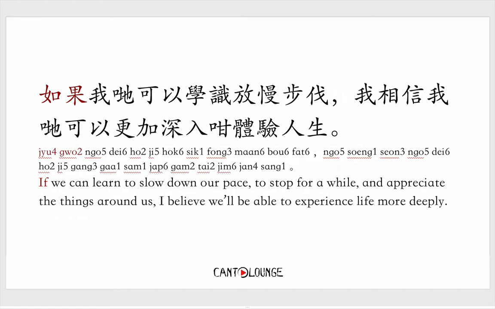So if, again, very simple substitution, 我哋可以 we can 學識放慢步伐. 學識 means to learn how to. 放慢 means to slow down our pace 步伐. 我相信 I believe that 我哋可以 we can 更加 more 深入咁 deeply 體驗人生 experience life.